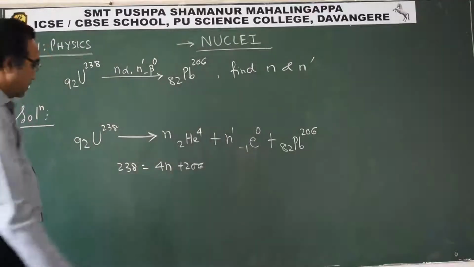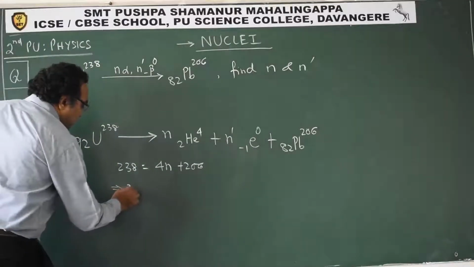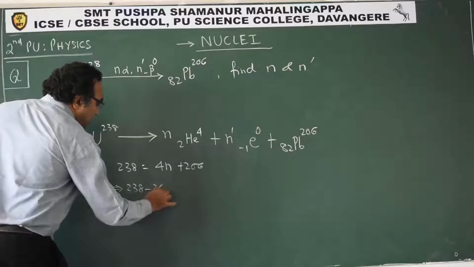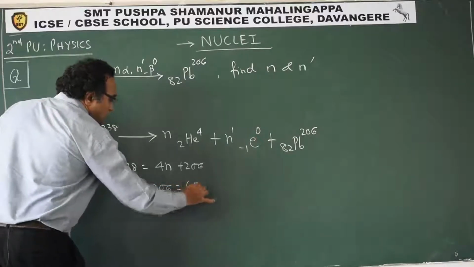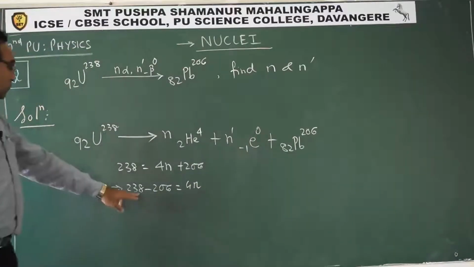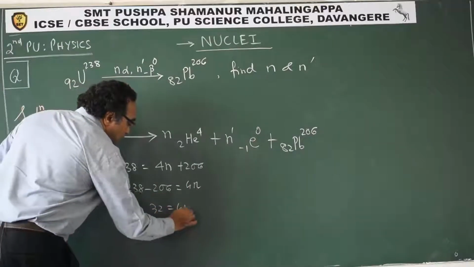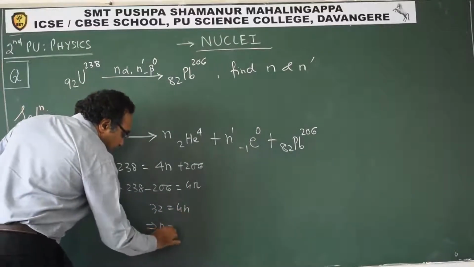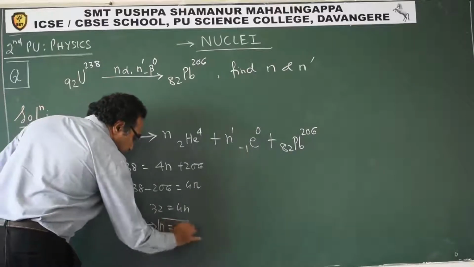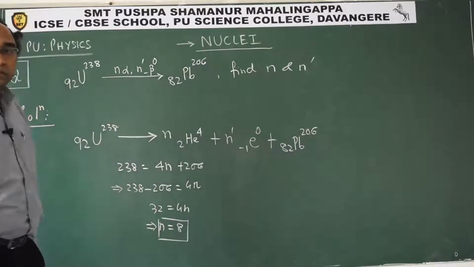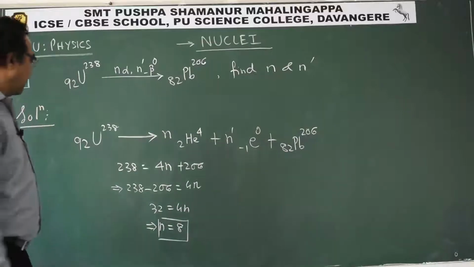This is what we have. So from this we can say 238 minus 206 is 4n. So 238 minus 206 is 32, which is equal to 4n. So we can say n is equal to 8. This is the value of n we get.